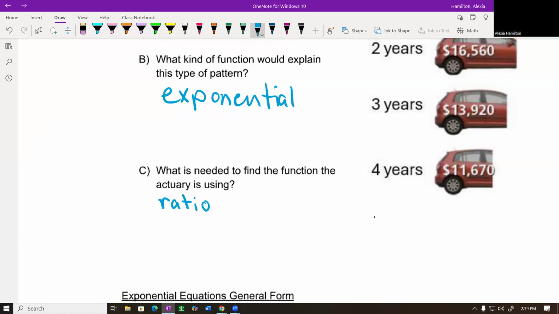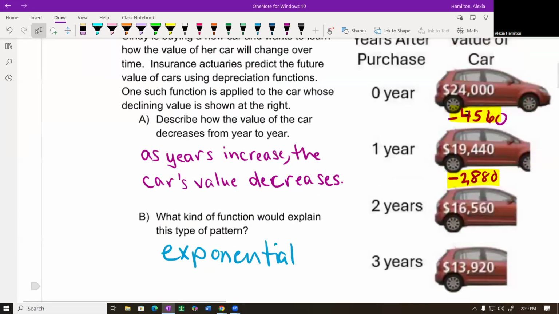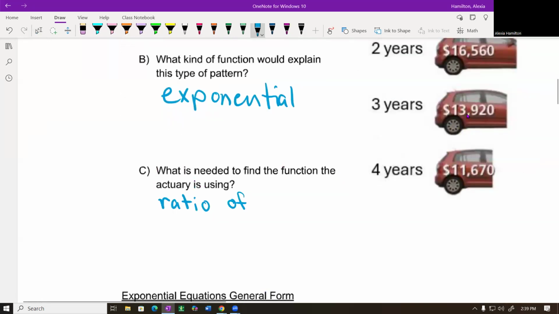The ratio of decreasing values, I guess. And we need to know the initial value of the car, if there is one.